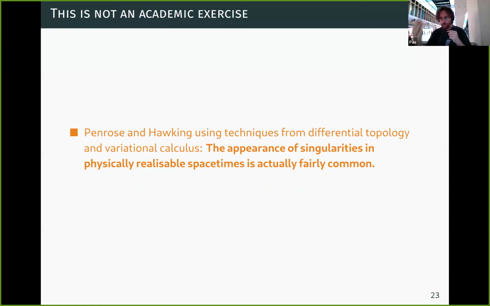Penrose and Hawking, you know this, used different techniques from differential topology and variational calculus to link the presence of singularities, and this is really not an academic exercise, this is something that happens in our universe, to link singularities with event horizons.